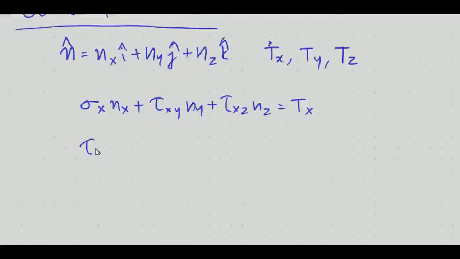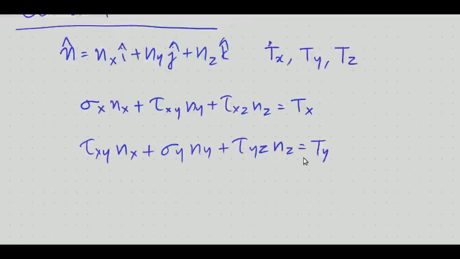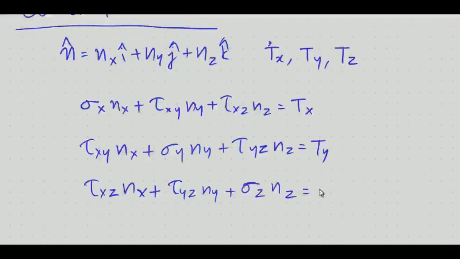Tau xy into nx plus sigma y into ny plus tau yz into nz is equal to ty, and the third one is tau xz into nx plus tau yz into ny plus sigma z into nz is equal to tz. These are the boundary conditions.